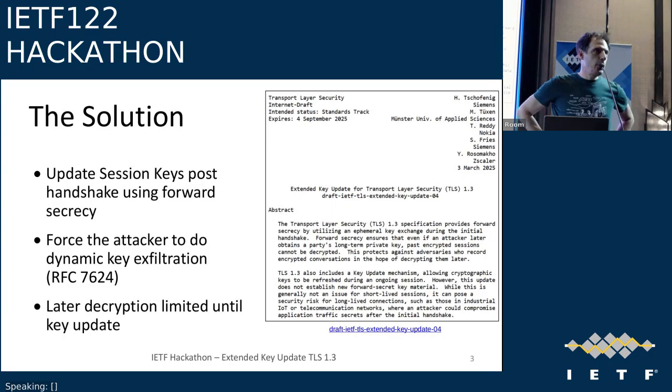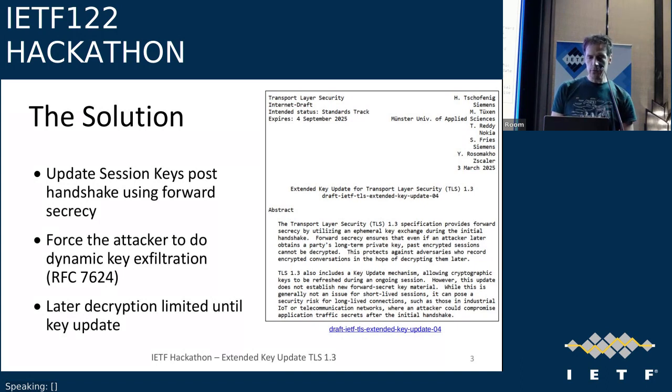So what did we do? The fairly obvious: we added forward secrecy as it is available in some other protocols like QUIC and so on, or Signal. That forces an attacker to do dynamic key exfiltration as explained in RFC 7624.